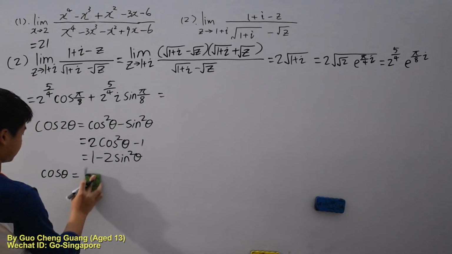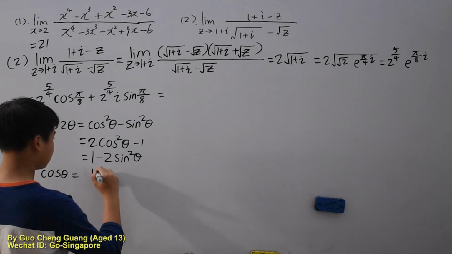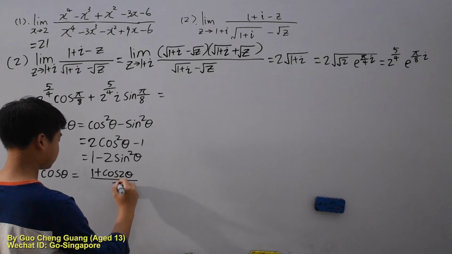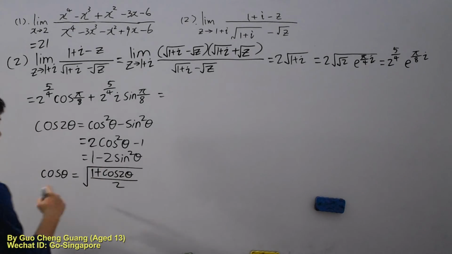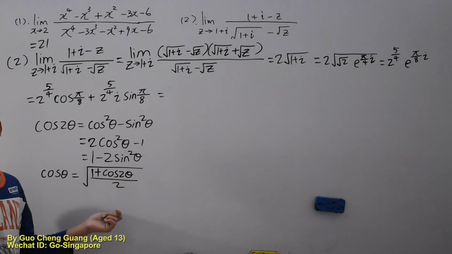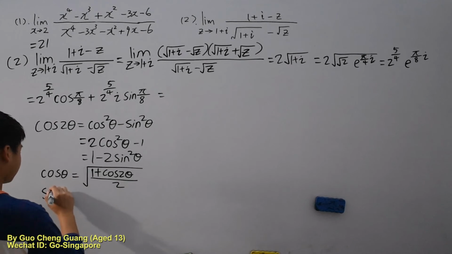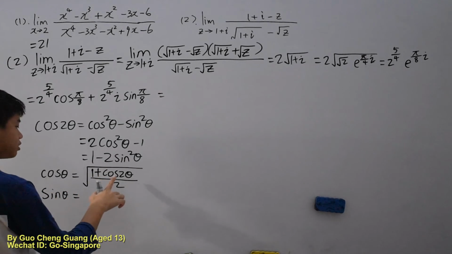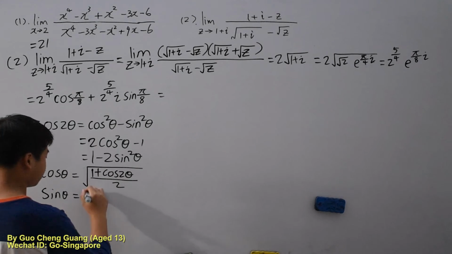So wait, let me just write this as, so this is what you get for cosine theta. Well, if you have realized just now, I'm not going to put cosine 2 theta plus 1. Well, let me show you why.